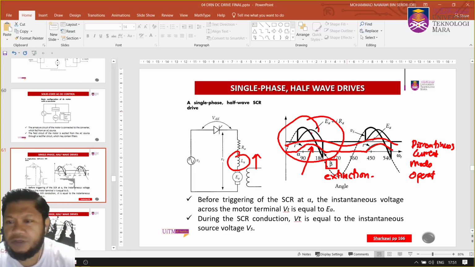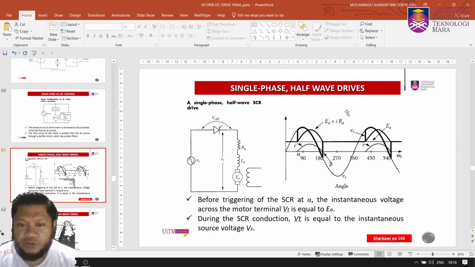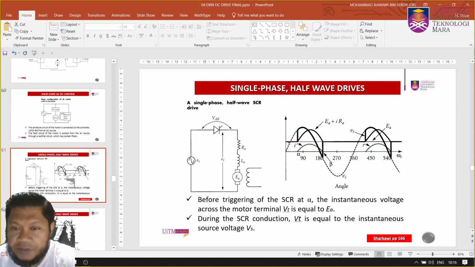So we have a condition of discontinuous current mode, and to refresh, let's see how we get this output voltage waveform. Remember, we start to trigger the thyristor at alpha. Before that, the thyristor appears as an open circuit, so there will be no current flow, I equals 0.